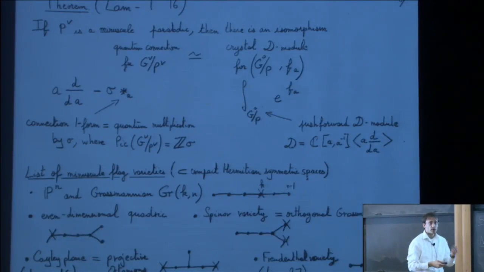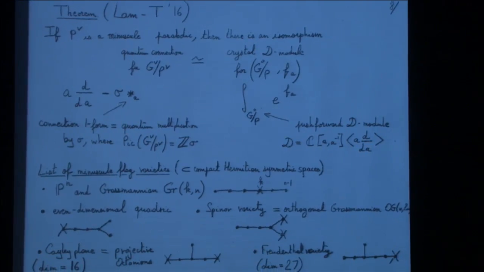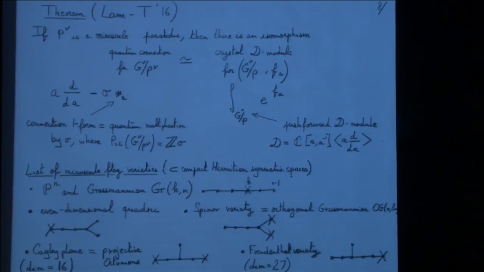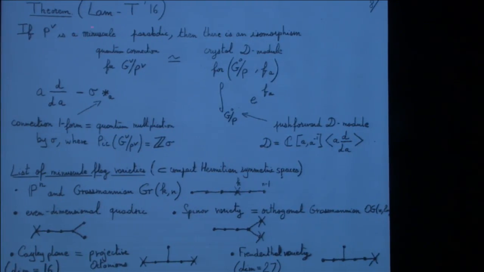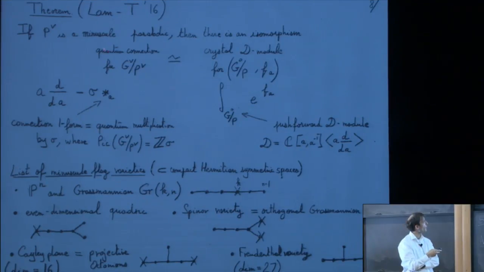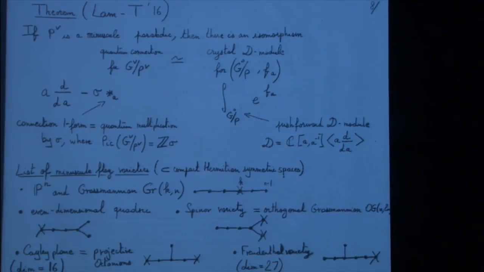Let me tell you what the theorem is now. If you take one of these flag varieties, I make the assumption that it's minuscule. If you don't know what minuscule is, there is a complete list here of the minuscule flag varieties.